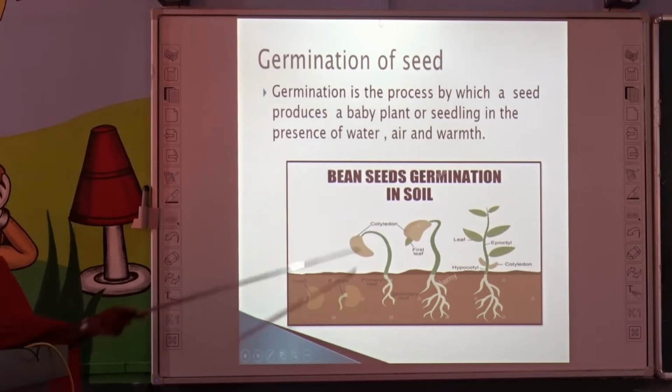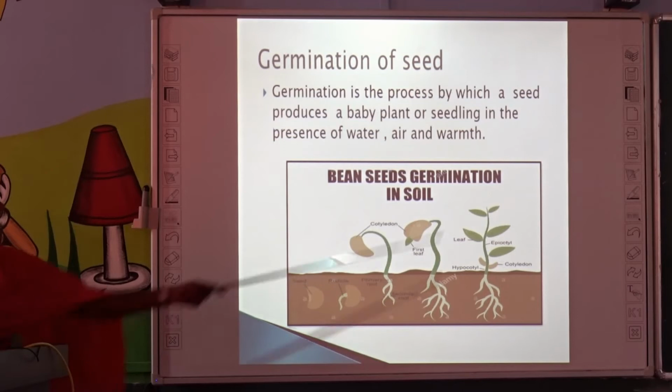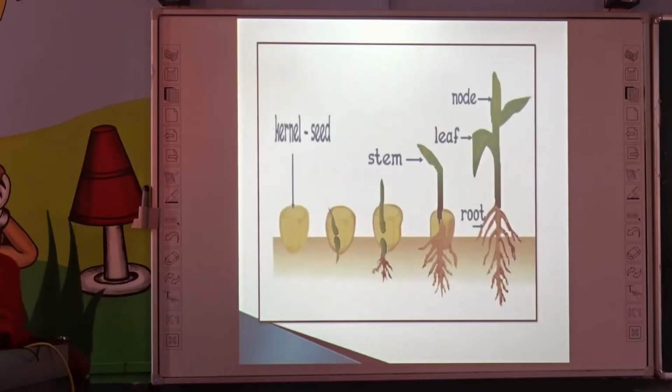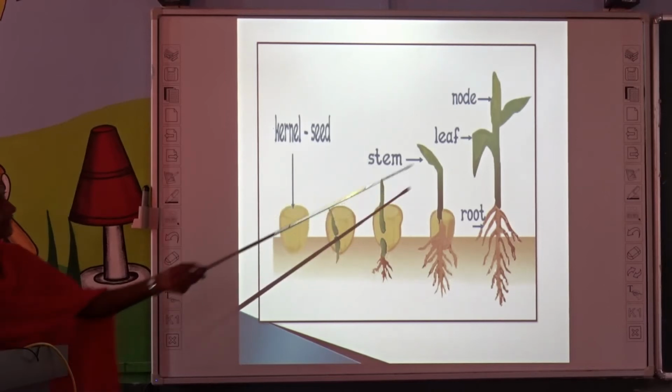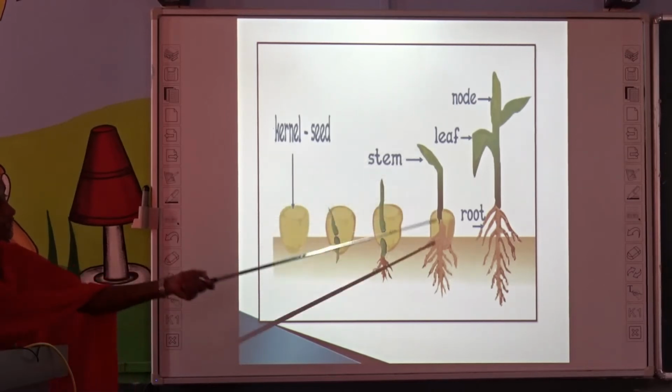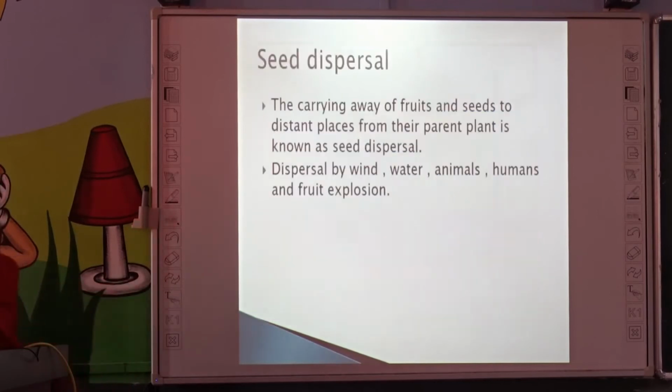Seed, radicle, then cotyledon will come outside, and the first leaf and the plant. See, in the maize, the embryo will come outside, see the stem and the leaf, and the root will grow under the soil.